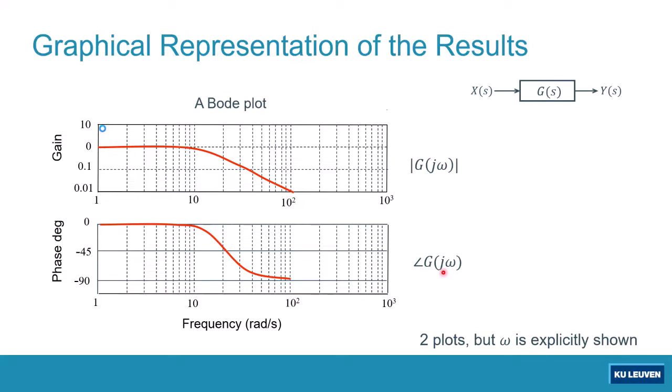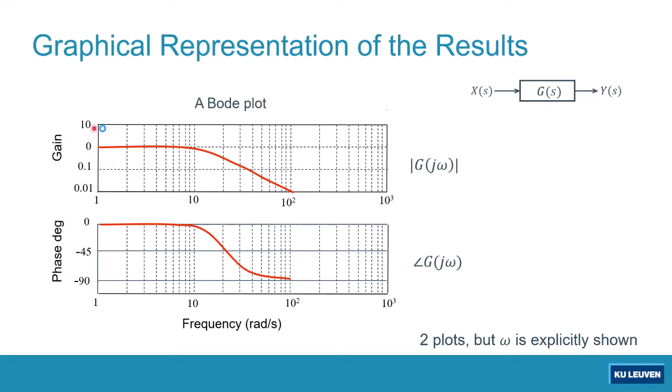So technically I can plot the magnitude of G(jω) as a function of frequency, and I can also plot the angle of G(jω) for different frequencies. These two plots are basically the information of the magnitude of G(jω) and the angle of G(jω), where the horizontal axis is the frequency omega.